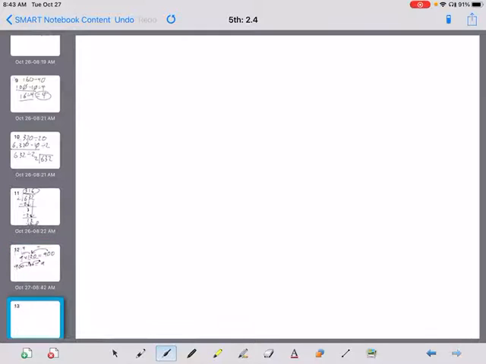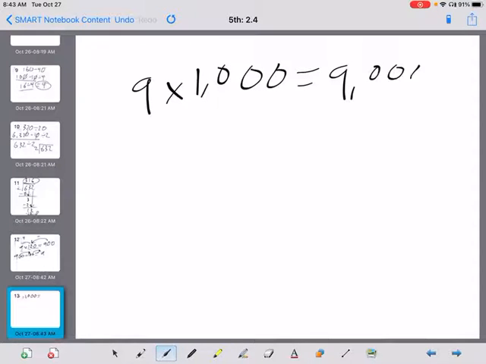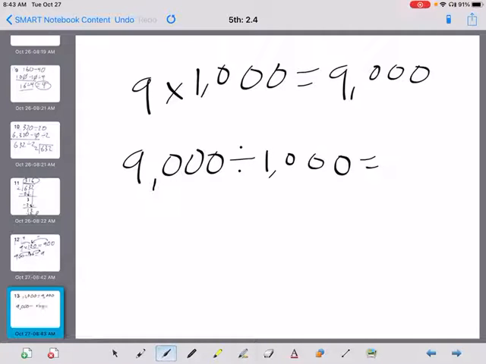On the same token, if we have 9 times 1,000, of course that's going to equal 9,000. So if we have 9,000 and we're dividing by 1,000, yes, it is going to equal 9 again. It just goes the other way around. And we'll do one more here.